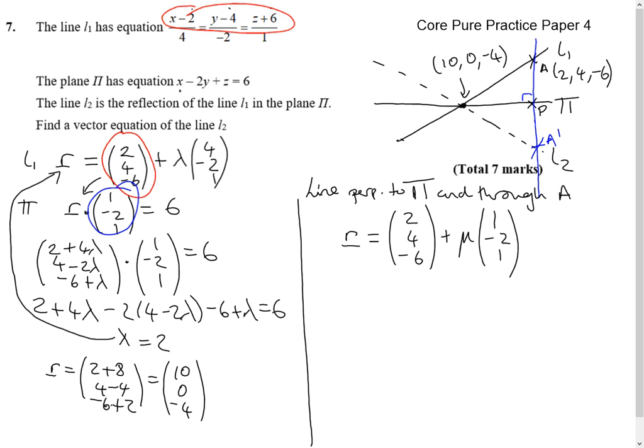Now all we want to do is find this vector from A to P, for example. So we want to find where P is so that we can work out the vector AP. If P is a point on both the plane and the line, we use the same technique we just used: take this and substitute it into the plane.